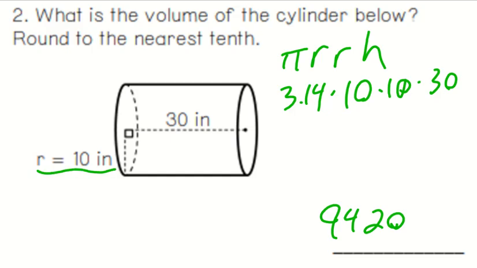When do we cut it in half? When it's diameter. It's weird saying it's height when it's laying down like this, but that's still the height. Height goes from circle to circle, or for cones, the height goes from the circle to the point. So the height's 30. So that's the math we're doing: 9,420.